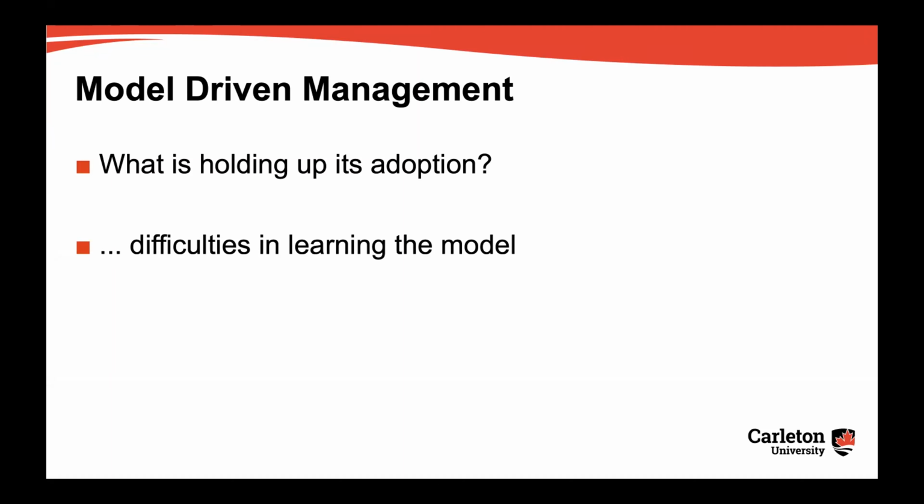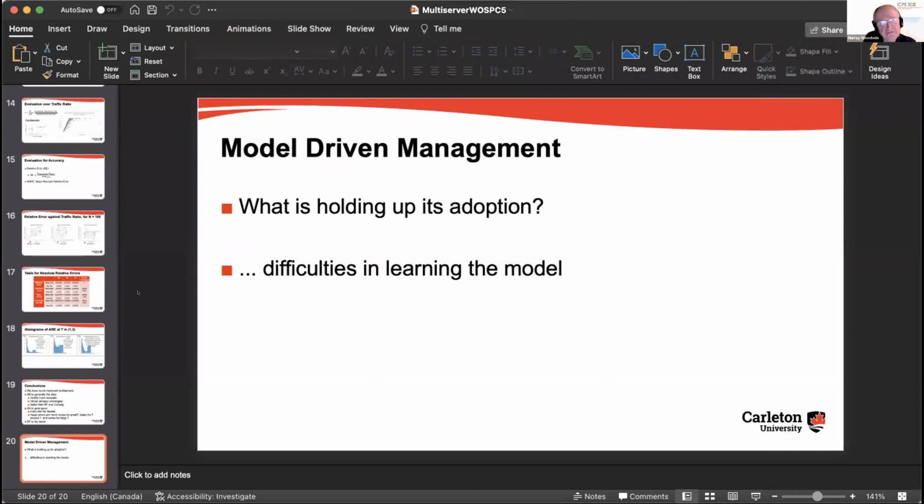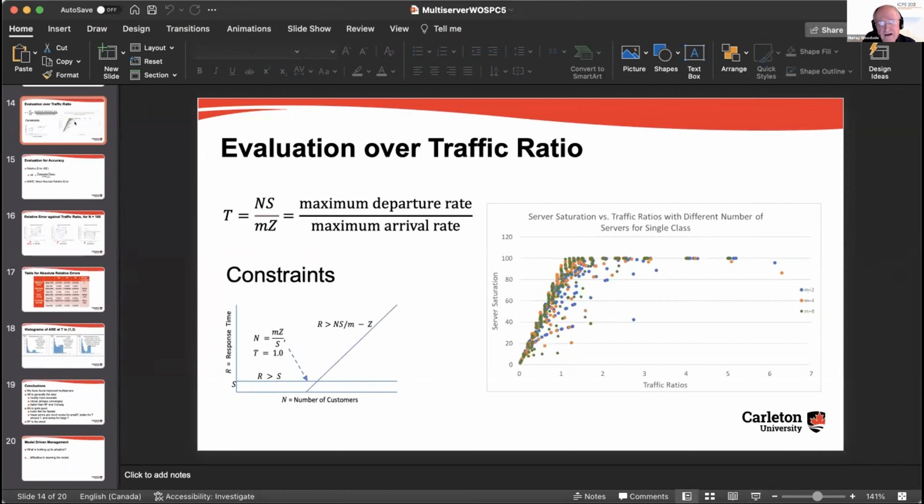Thank you. So t equals 1 is essentially at saturation. Is that right? Not quite. If you look at the utilization, the result curves for utilization against the t value, saturation occurs just above t equals 1, between t equals 1 and 2, depending on the number of servers.